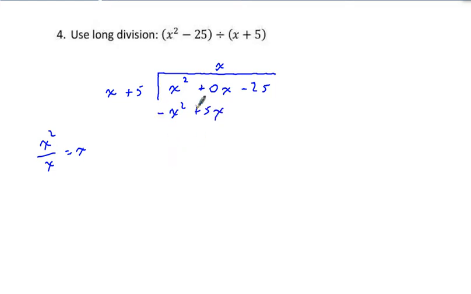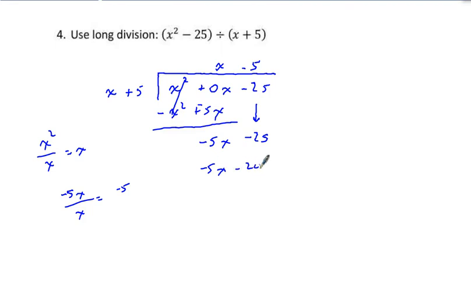We subtract, the signs change. First term cancels, so our division was correct. Negative 5x is the answer. We bring down the negative 25 and repeat. Negative 5x divided by x equals negative 5, which goes in the constant column, and we multiply. Negative 5x minus 25.